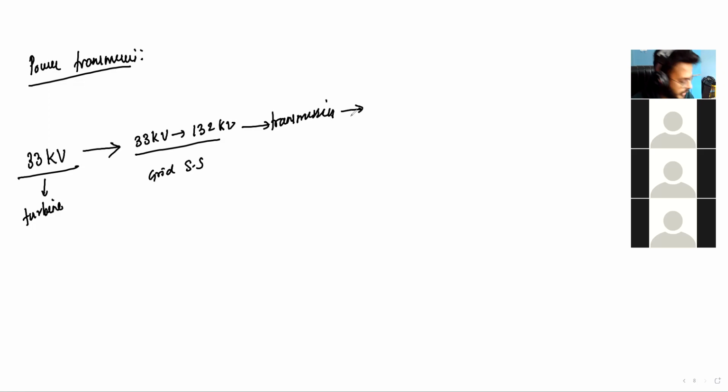Then it goes to the main substation, where 132 kilovolt is reduced back to 33 kilovolt.